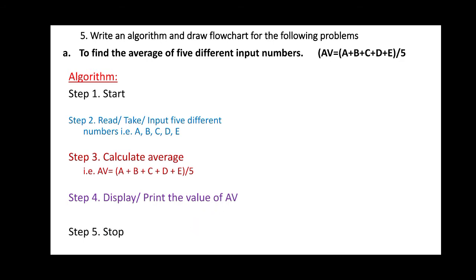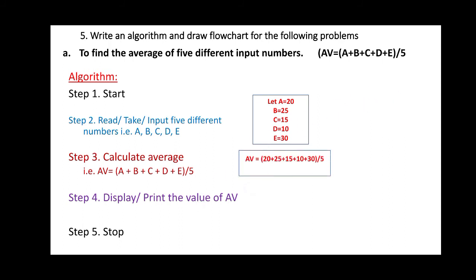So I'm going to write an example here. Suppose a equal to 20, b equal to 25, c equal to 15, d equal to 10, e equal to 30. Then we calculate the sum, divide it by 5, and the average value is 20. In this way we will calculate.